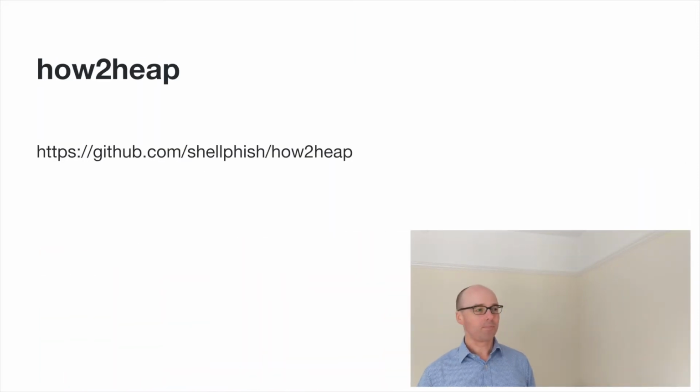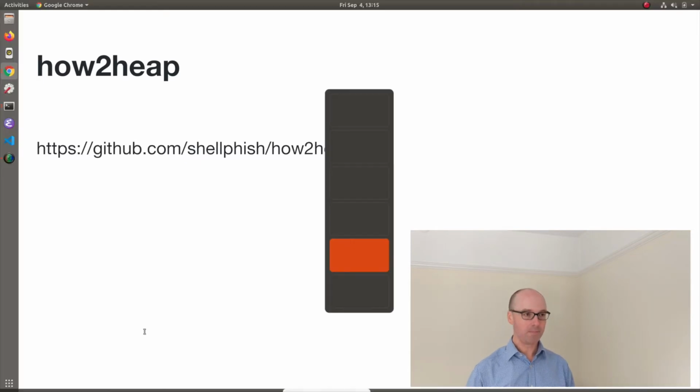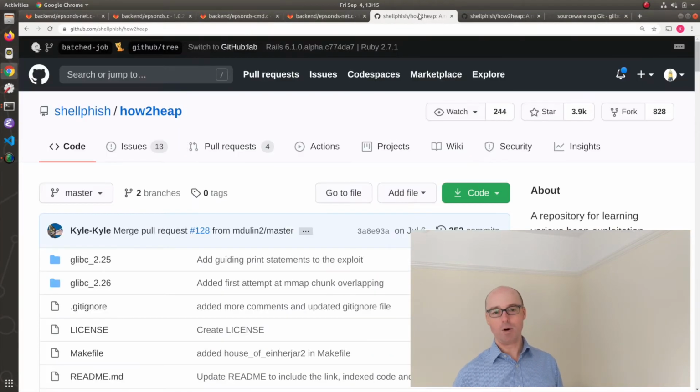Now, if you want to learn about how to do glibc heap exploitation, then I really recommend this GitHub repository called How to Heap. This is how I learnt about glibc heap exploitation. What they've done here is really cool. They've taken all of those different techniques and enumerated them.